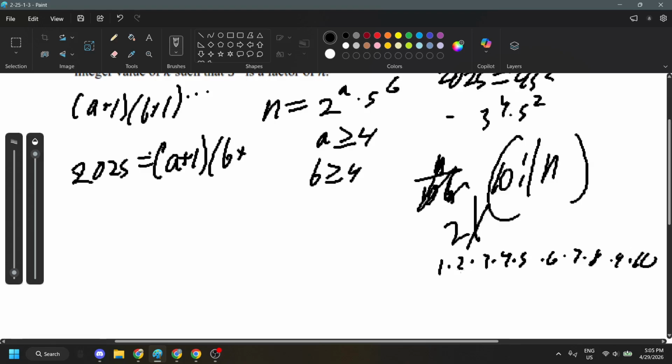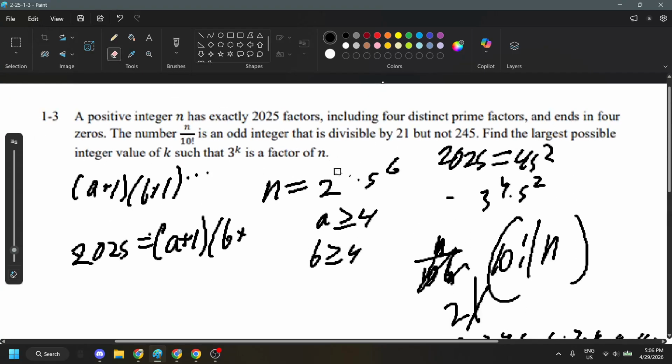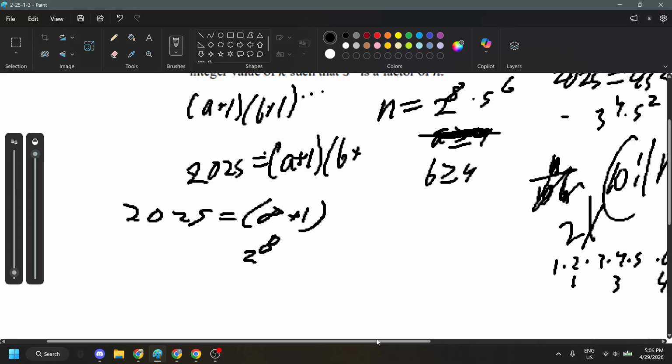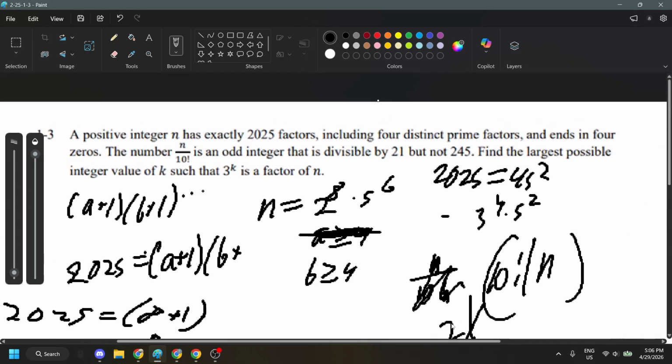We have to have this 2, so we have 2 to the 8. So that's going to be our 9. That's one of our 9s. So 2025 is equal to 8 plus 1, which is 2 to the 8. And then what else?